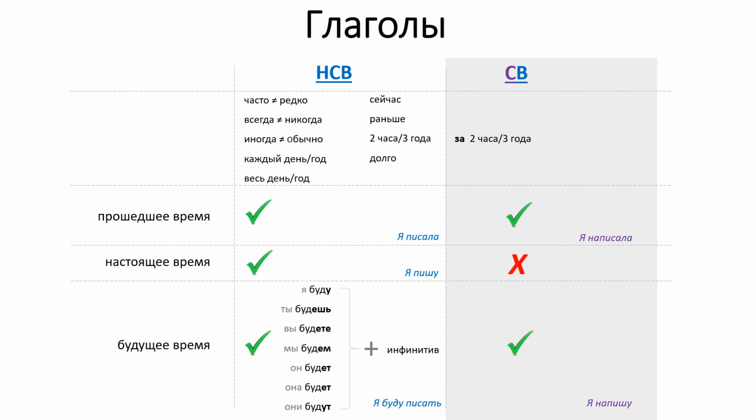To speak about something that has already been done or will be done in the future, or about something that has not been done or won't be done in the future. You might see something like за 2 часа, in 2 hours, or за 3 года, in 3 years. Something that is done or will be done in 2 hours or in 3 years.